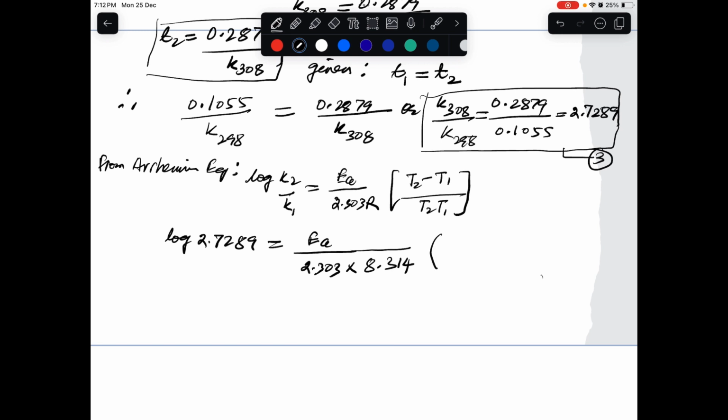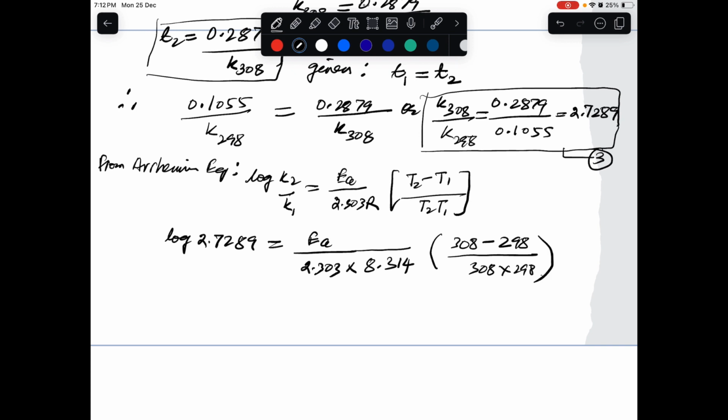T2 is the final temperature. What is the final temperature? 308. Initial is 298. So 308 minus 298 divided by 308 into 298.